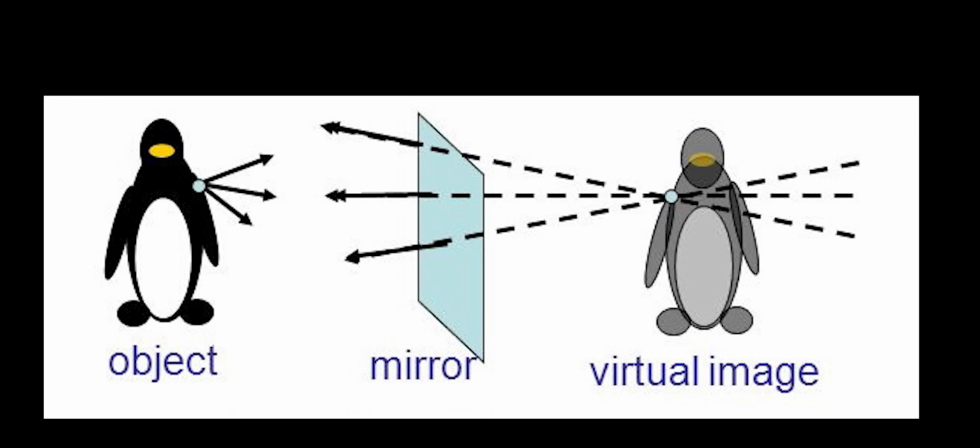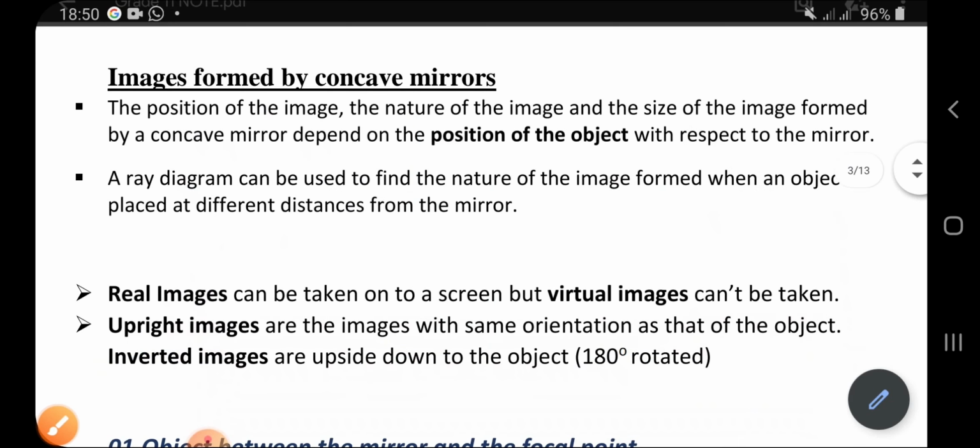And there are upright images and inverted images, right? So you have to know these technical terms so that you can understand the lesson and the images formed by mirrors as well as lenses, right? So if we talk about upright and inverted images, let's say you have a tree as an object.